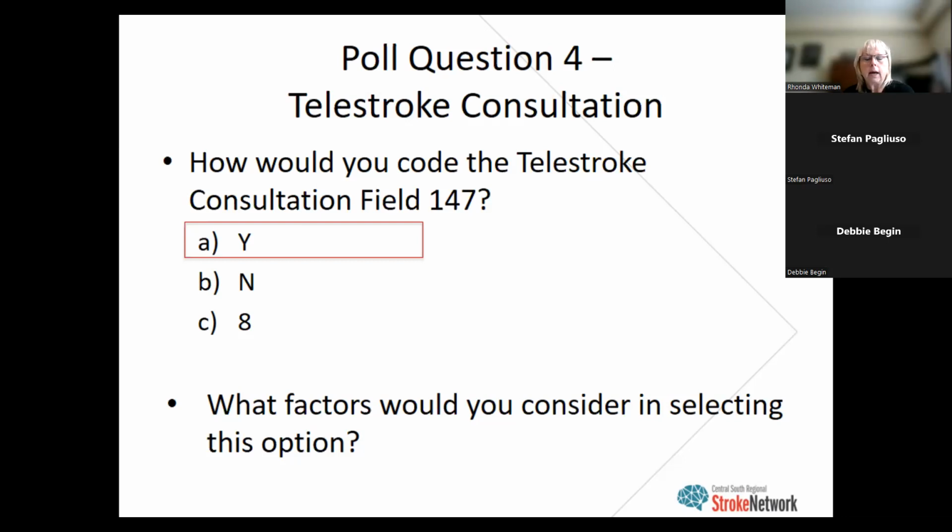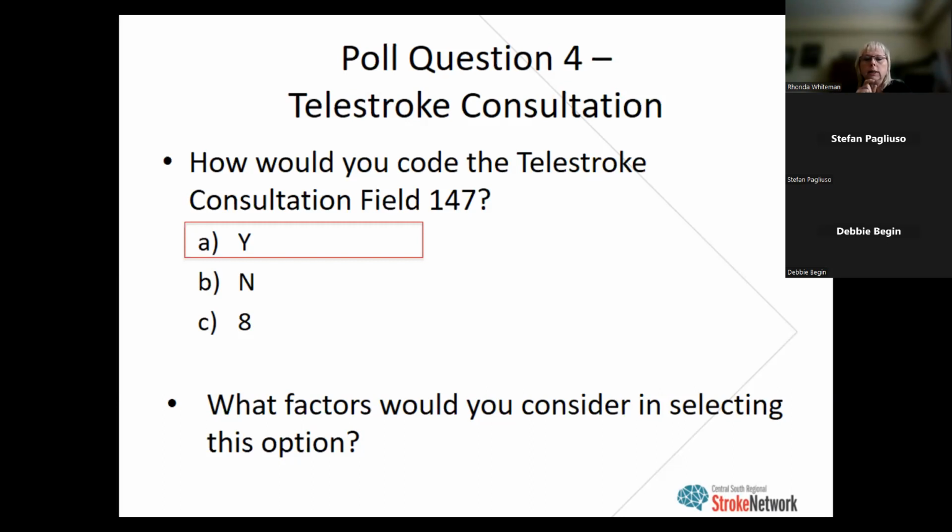Some sites that have their internal stroke team would indicate stroke consult, but that wouldn't qualify as telestroke. When we look at telestroke, it is linking through Criticall, through the Ontario Telemedicine Program, to the telestroke neurologist provincially.